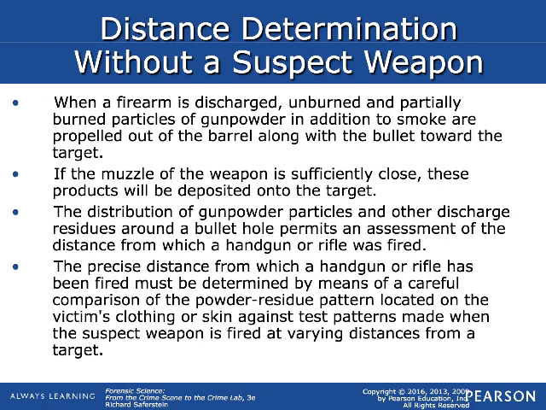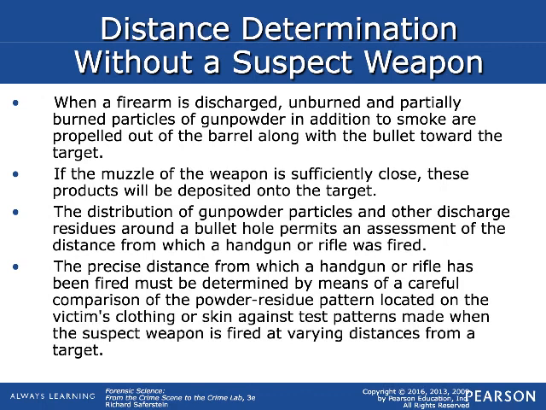If the muzzle of the weapon is close enough to the target, then the gunpowder products are going to go onto the target. So the distribution of the gunpowder particles and the other residues around the bullet hole allows someone to try to figure out how close the gun was when it was fired.